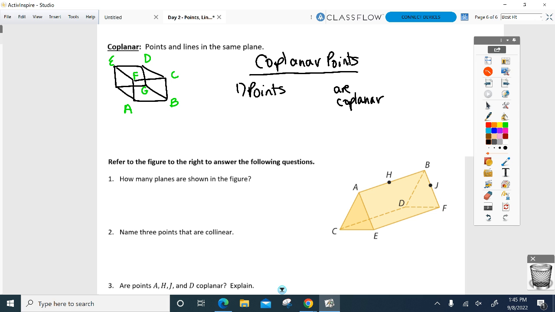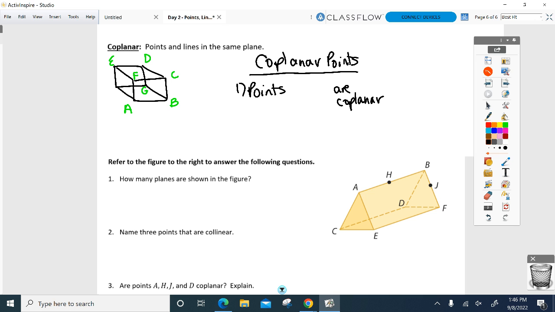Well, first, let me make this easy on you. How many planes do I have in my cube? Six. So take one of those six planes in your head and give me three points from it. Those points are coplanar, points on the same plane.